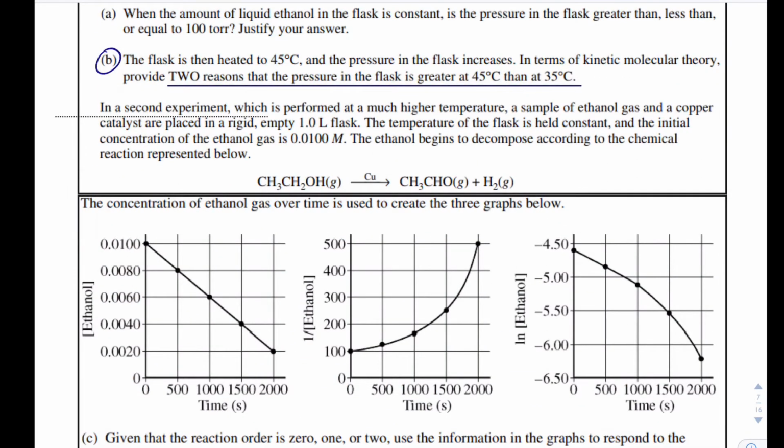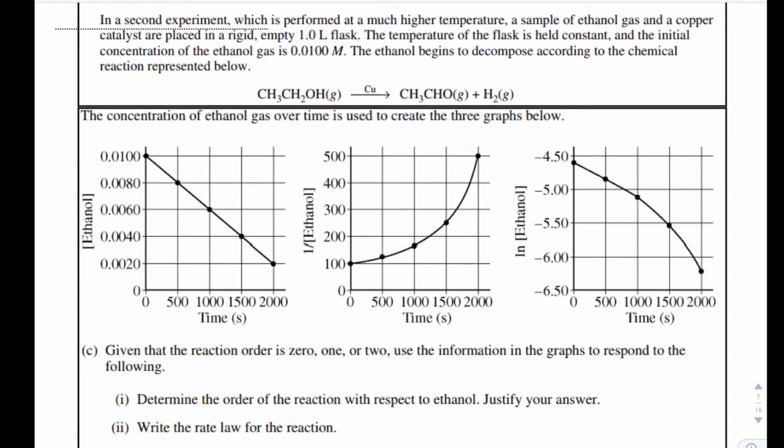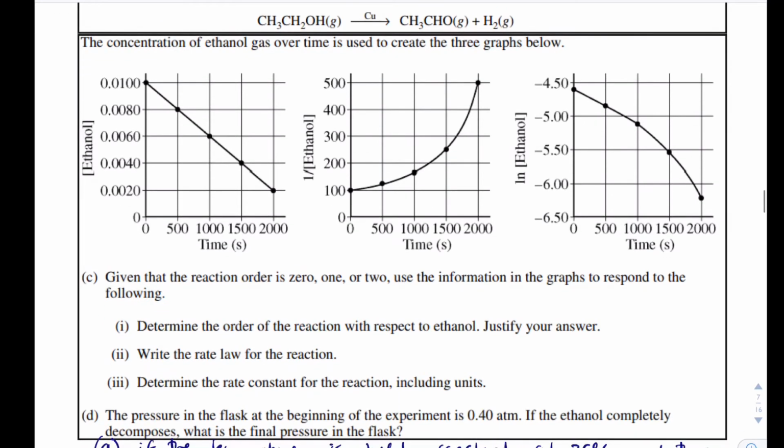Okay, now it says, in a second experiment, which is performed at a much higher temperature, a sample of ethanol gas and a copper catalyst are placed in a rigid, empty 1-liter flask. The temperature of the flask is held constant, and the initial concentration of the ethanol gas is 0.01 molar. The ethanol begins to decompose according to the chemical reaction represented below. The concentration of ethanol gas over time is used to create the 3 graphs below. Given that the reaction order is 0, 1, or 2, use the information in the graphs to respond to the following.